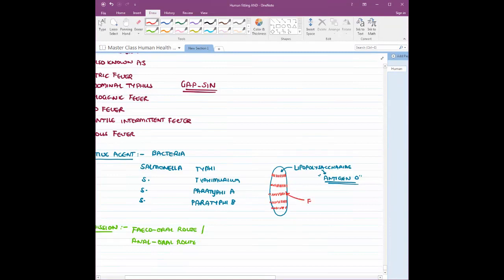This is flagella, and this is known as your H antigen. From this tail, basically, we get this H antigen, which we also call the Hosh antigen. So this is how the entire structure is going to look.